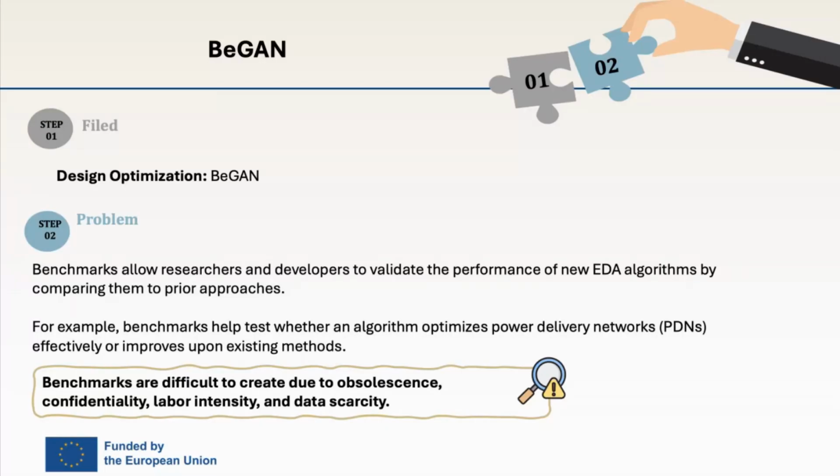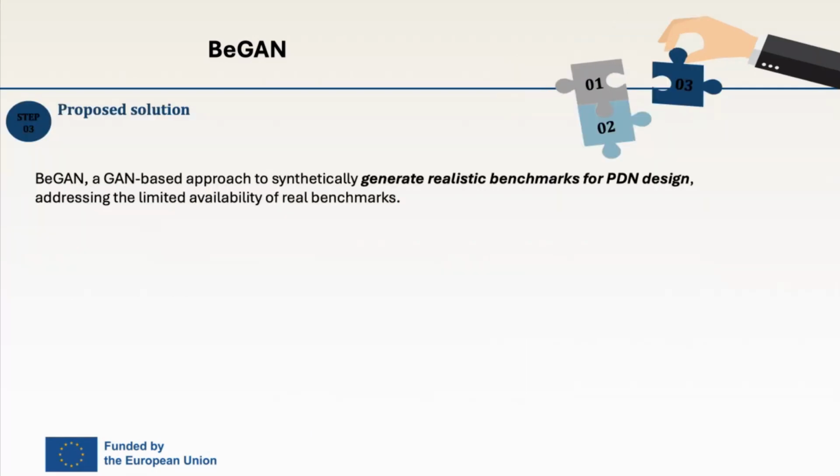Also, designs improve very quickly, and this makes it labor intensive to keep all of these benchmarks available. So in this paper, they proposed using GAN to generate realistic benchmarks for EDA design in order to test and validate new methods.